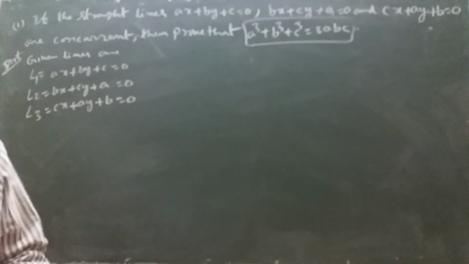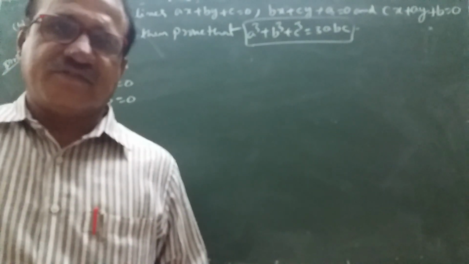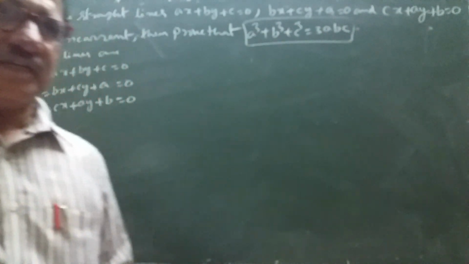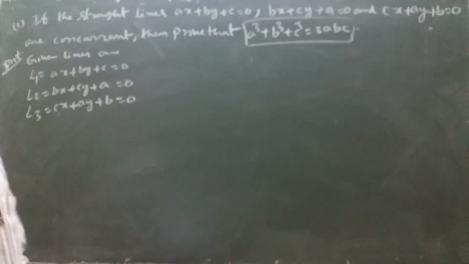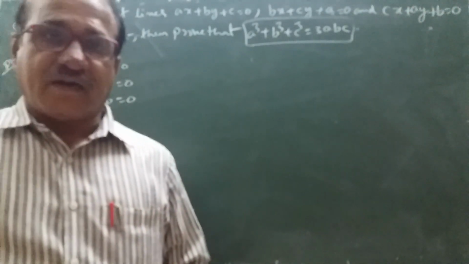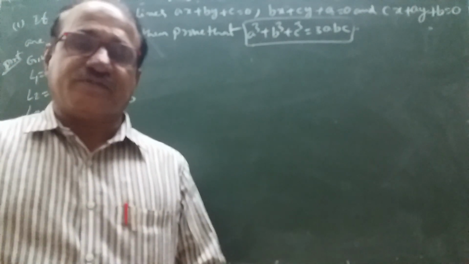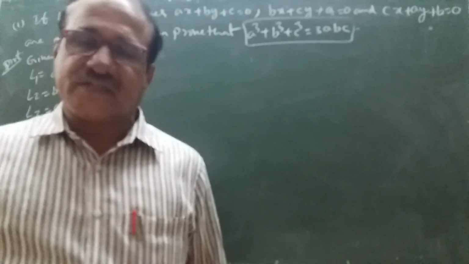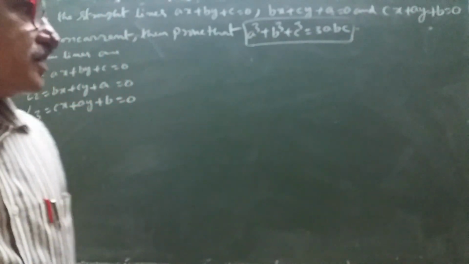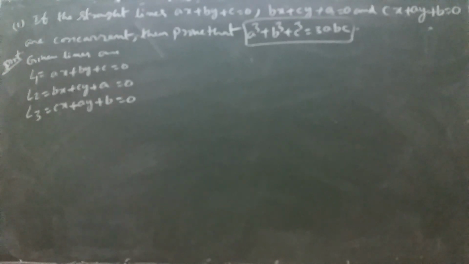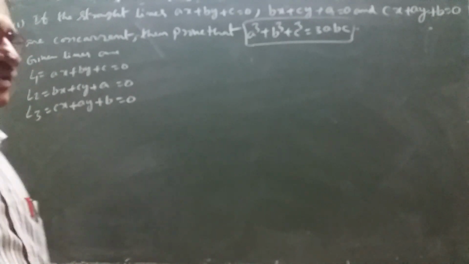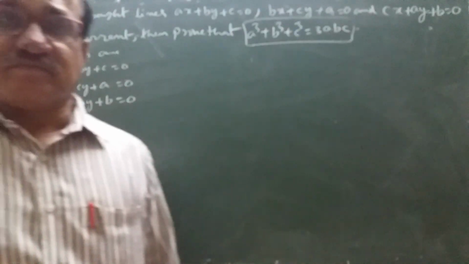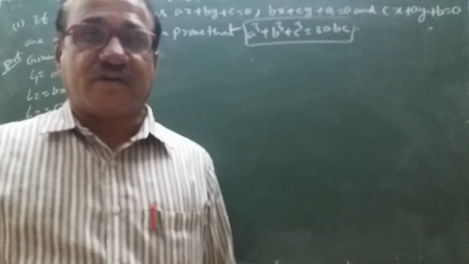First we have to find the intersecting point of the first two equations. Then if these given three lines are concurrent, the point of intersection of the first two lines should satisfy the third straight line equation. By that logic we can solve, using the determinant method or the cross multiplication method also.